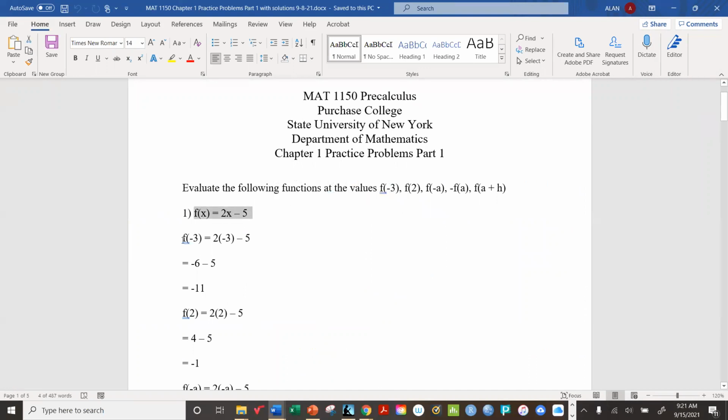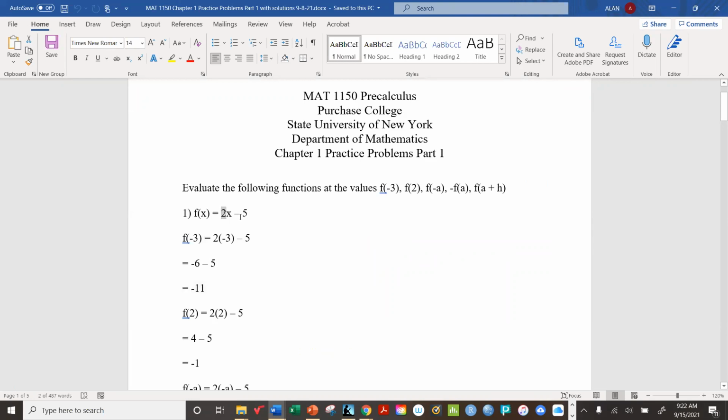So if it says to solve for f of -3, you literally just first start by replacing all the x's with -3s. And once you've gotten to that point, the rest is just algebraically rearranging the equation. Almost like PEMDAS. PEMDAS, yeah. And then you see here that this actually ends up equaling -11. So literally, all you did was replace the x with -3, and that gives you -11.